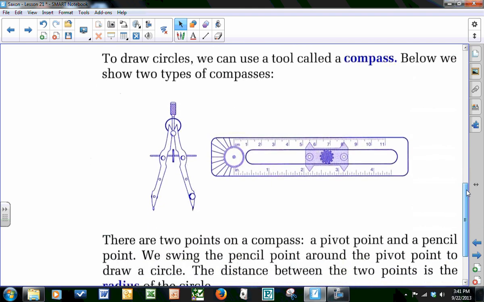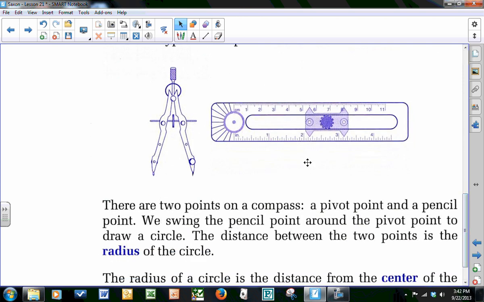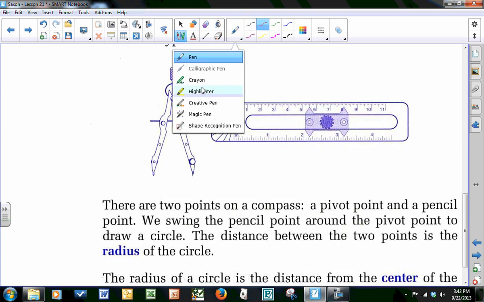Now, to draw circles, we're going to need a tool called a compass. And below you see 2 different types of compasses you might have in your classroom. This is the standard or traditional compass, and this is called a safety compass. So you might have both in your classroom. Now there are 2 points on a compass.